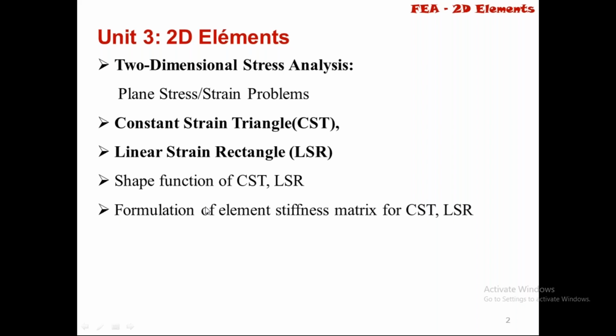But in this case, CST and LSR, these numericals are quite lengthy. That's why, from the exam point of view, the examiner asks only to find out up to displacement. They will not expect you to find out stresses and strain or reaction.